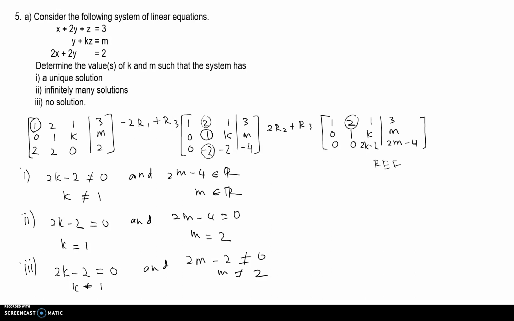Then by using the Gaussian elimination method, how to solve the system? There are 2 steps. First, get REF, and secondly, apply back substitution. You should do back substitution so that you can solve the system to get the solution.